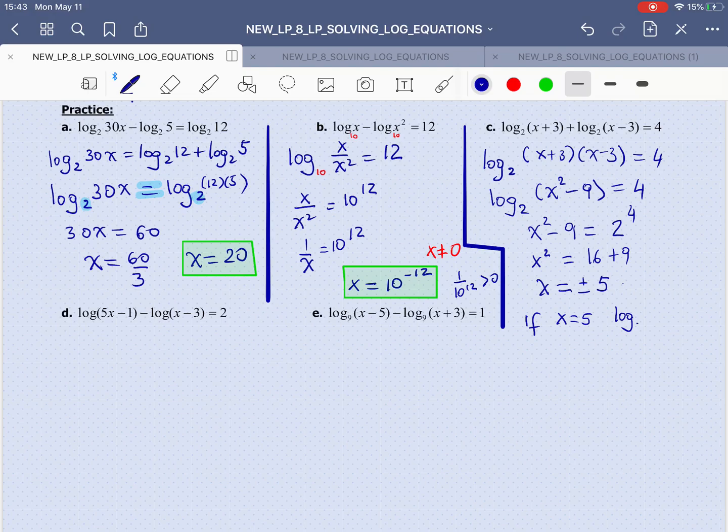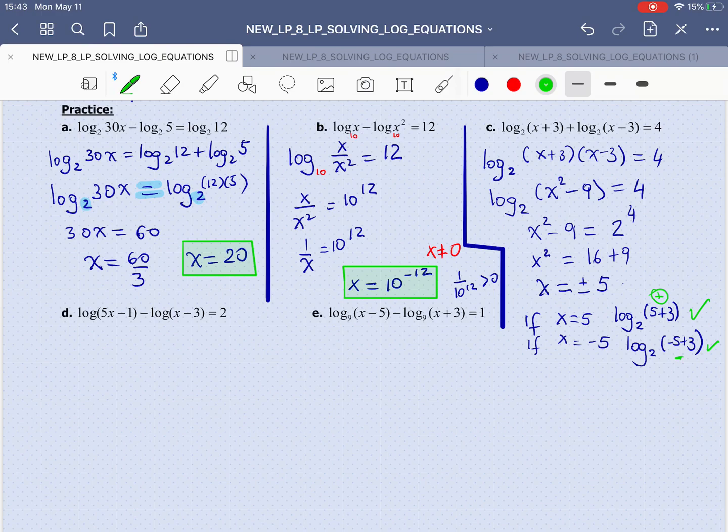So if x equals 5, then log with base 2 of 5 plus 3 exists. So we're going to give this a yes because that's a positive number. Now if x equals negative 5, then log with base 2 of negative 5 plus 3 doesn't exist because that's a negative.